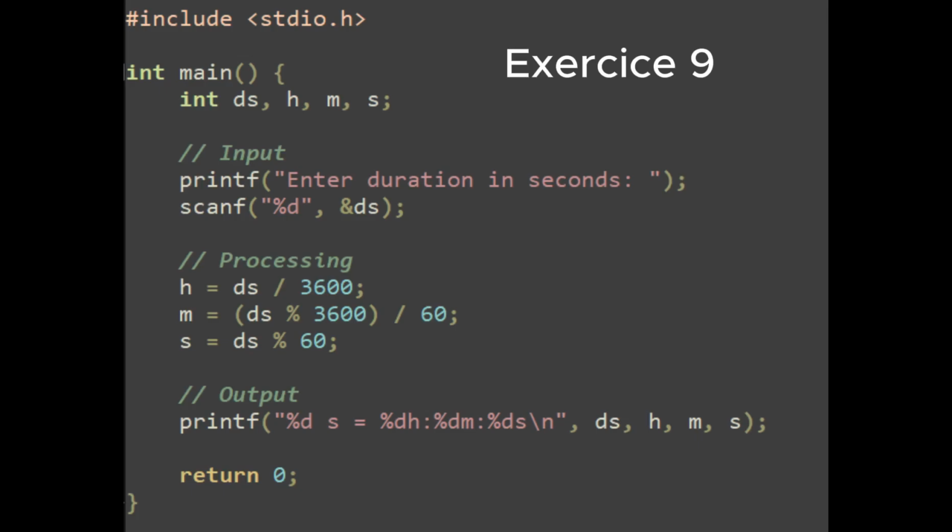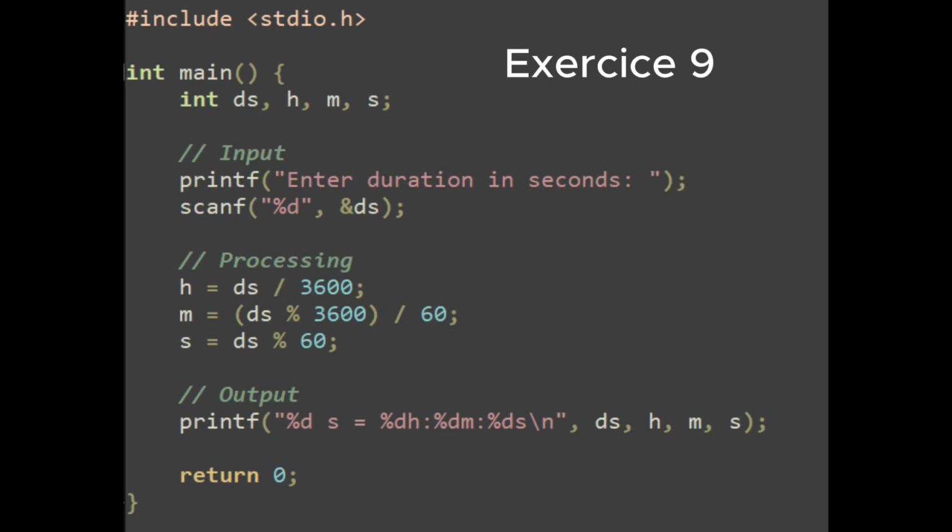Exercise 9. Time conversion. Objective: convert a duration in seconds into hours, minutes, and seconds. 1. Problem analysis. Inputs: duration in seconds, ds. Processing: hours, h, equals ds divided by 3,600, since 1 hour equals 3,600 seconds. Minutes, m, equals ds modulo 3,600 divided by 60. Take remaining seconds after hours are removed, then divide by 60.